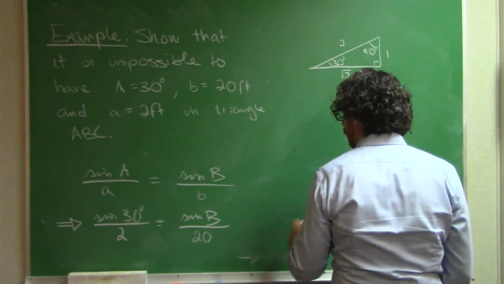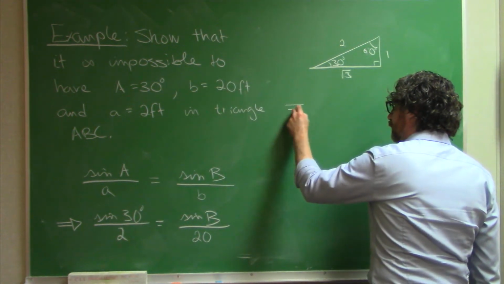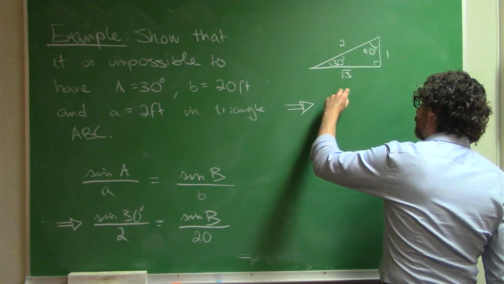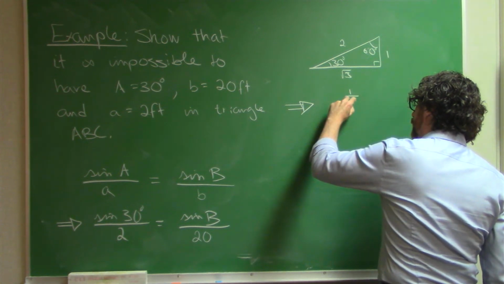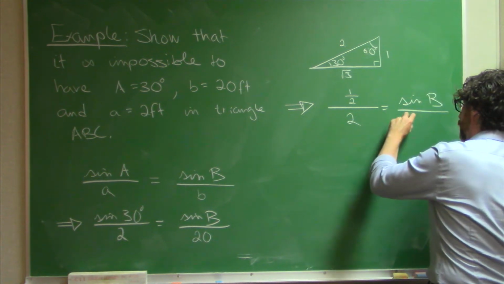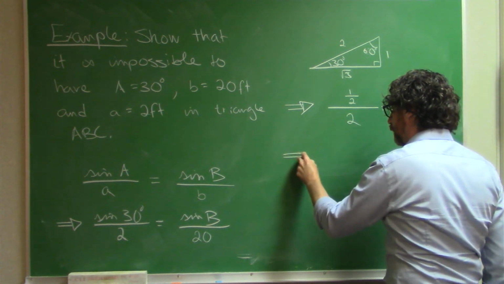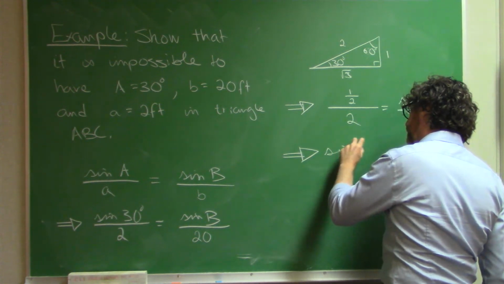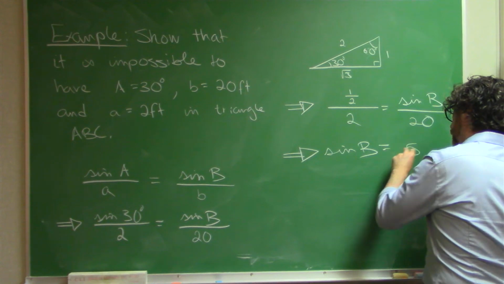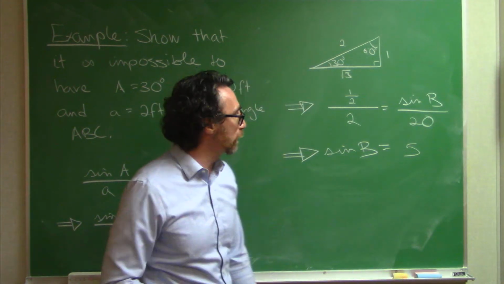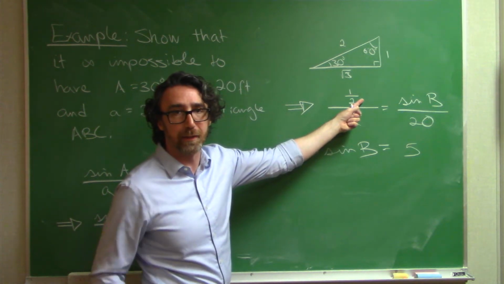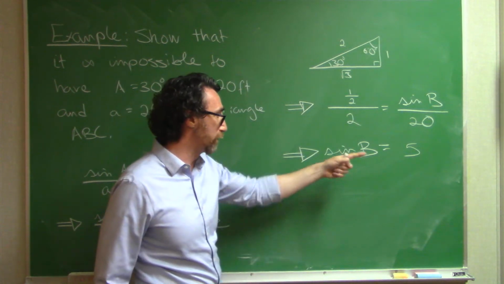Okay, so from here, if this equation is true, then I'd have 1/2 over 2 equals sine B over 20. So I can isolate sine B, multiply both sides by 20, and I get this. I'm getting sine B equals 5. If I multiply by 20 here, 20 times 1/2 is 10, divide by 2, and I'm getting 5.